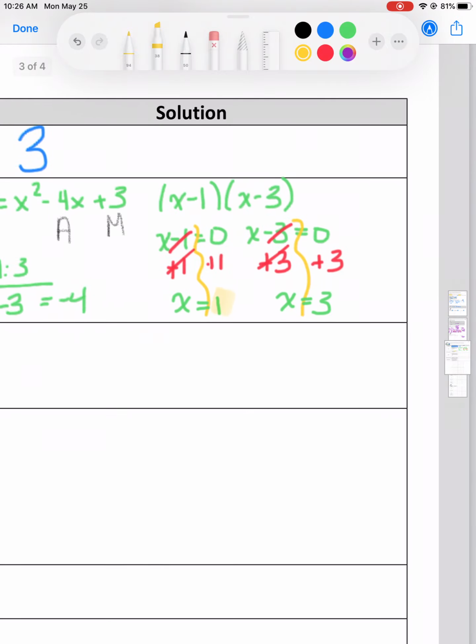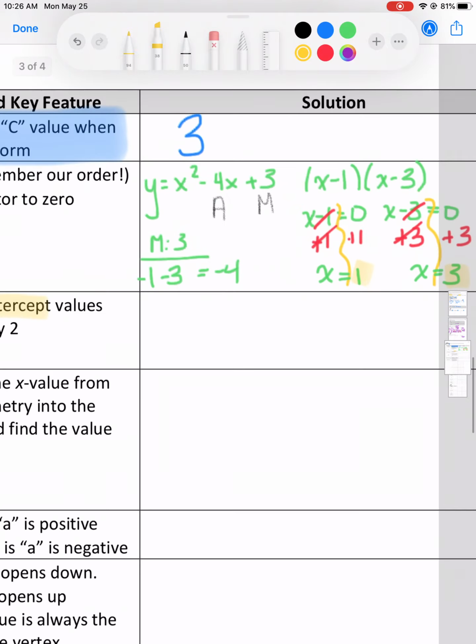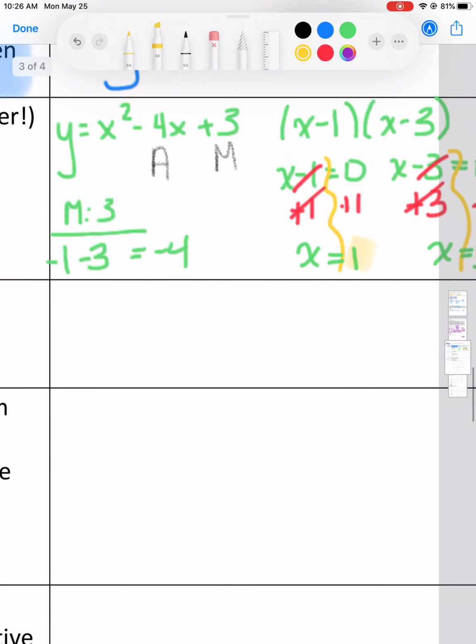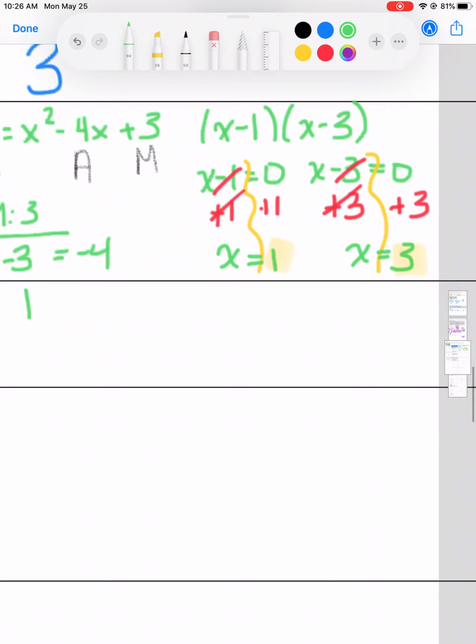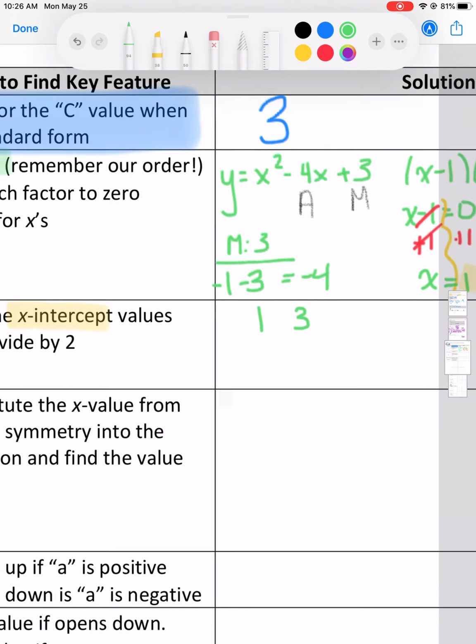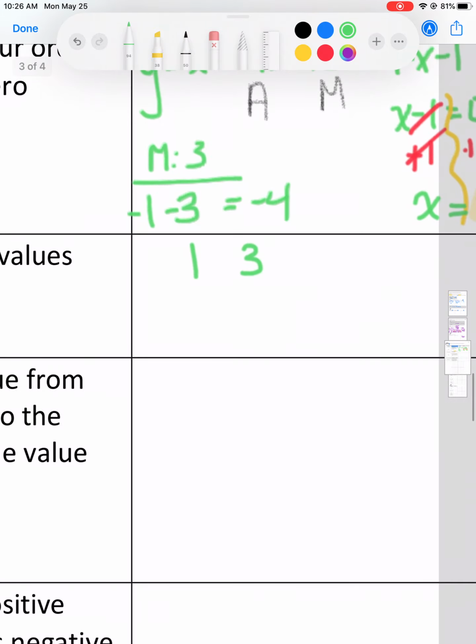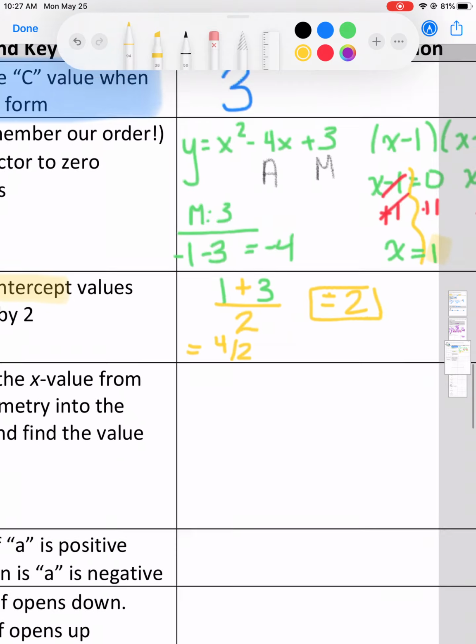Well, here's 1 and here's 3. So I'm going to use green to show that they're my x-intercept values. But the question says add them up, divide by 2. 1 plus 3 is 4. 4 divided by 2 is 2. So this is my axis of symmetry. Okay?